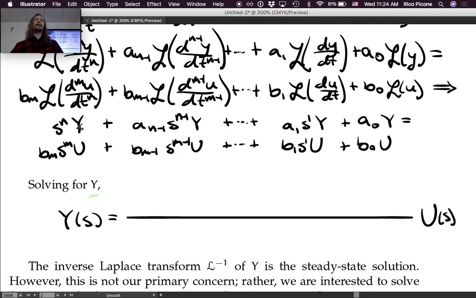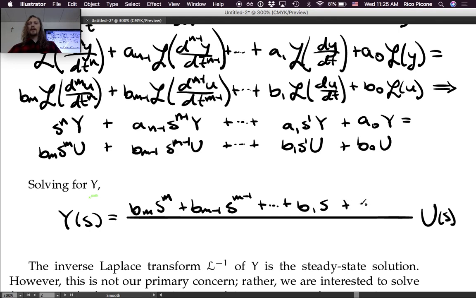So on the left-hand side, you factor out all this stuff. On the right-hand side, you factor out all this other stuff. We'll do the right-hand side first because it's the numerator. So factor out u from the right-hand side, and we get b_m s to the m plus b_(m-1) s to the m minus 1 plus b_1 s to the 1, or just s, plus b_0.